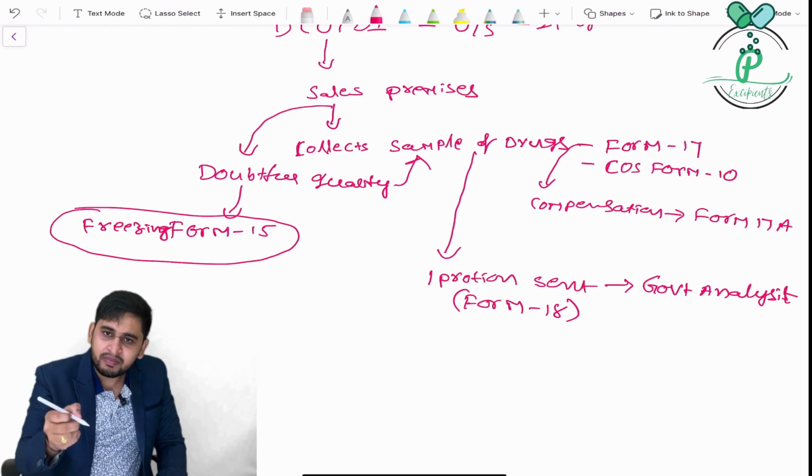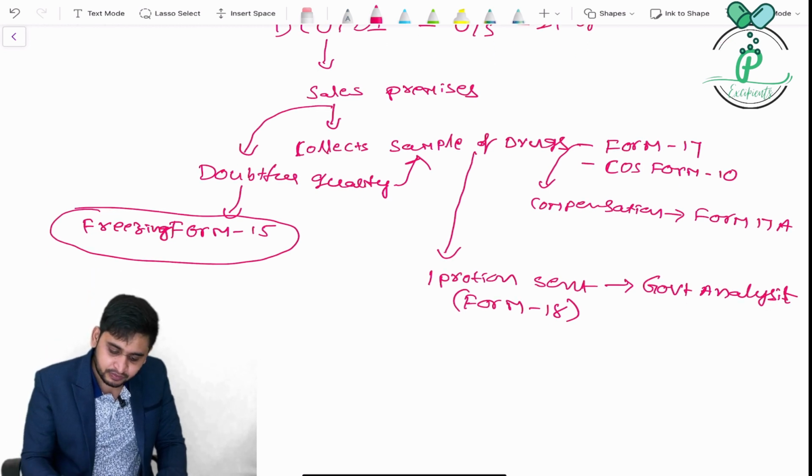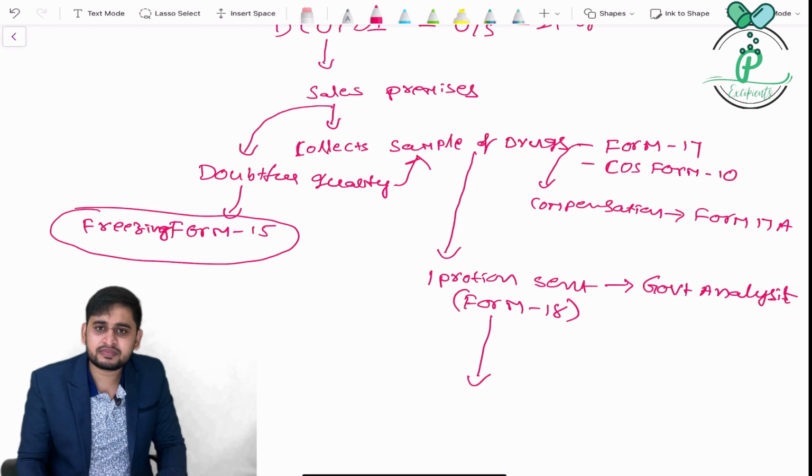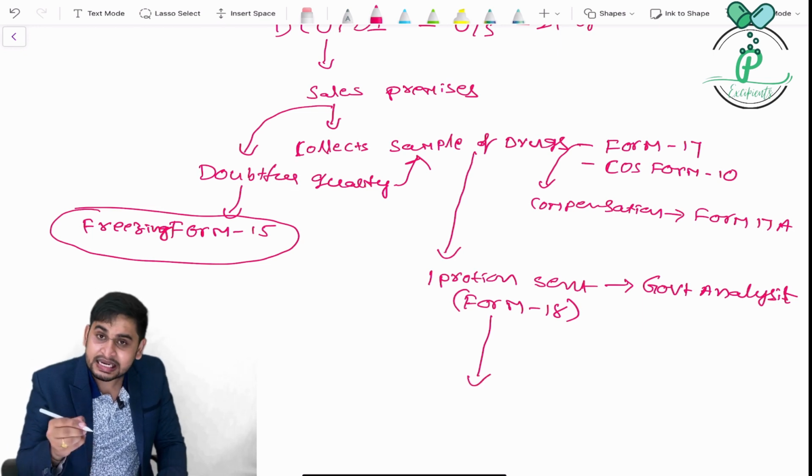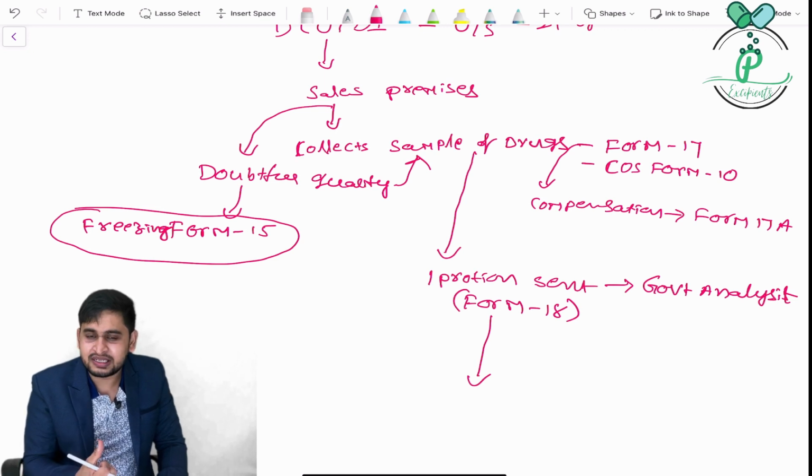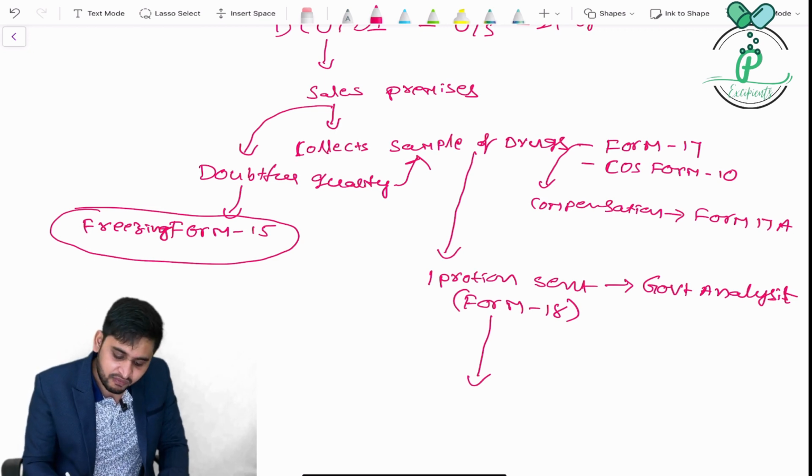Okay. Now the government analyst will be testing the sample, right? Testing the concerned drug sample and giving the test report on the form.